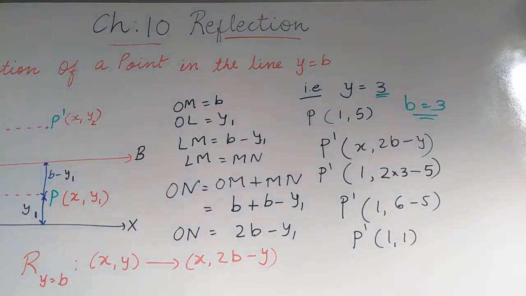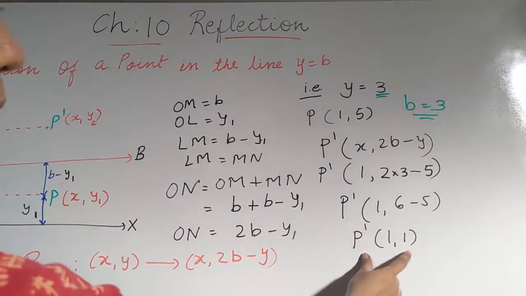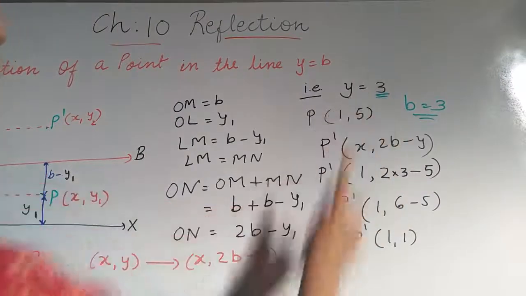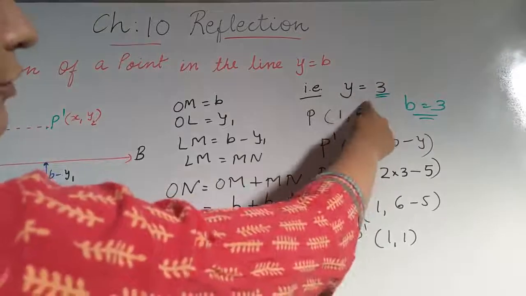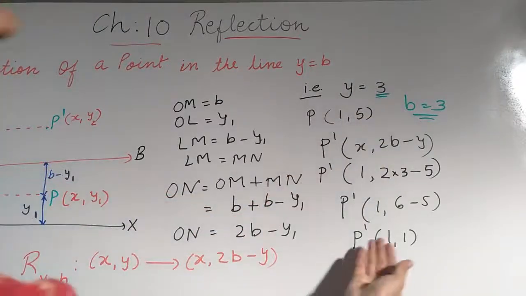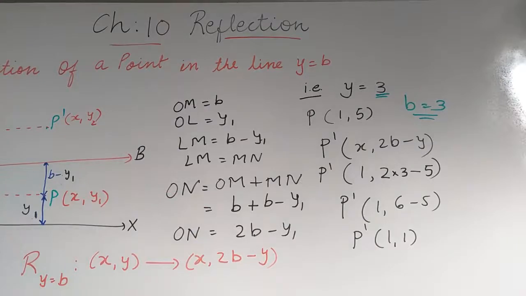So these are the coordinates of the reflected point in the line y is equal to 3. This is the point and this is the mirror line y is equal to 3. So what is the reflection point we get? P dash (1, 1). So this is how we use this theory to get our reflection point coordinates, so you have to understand.